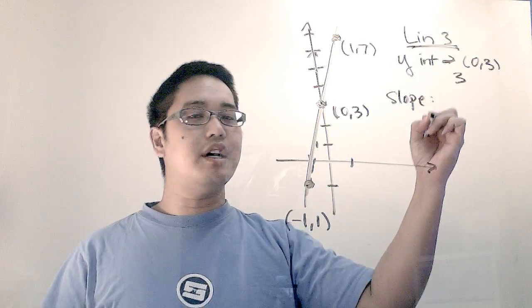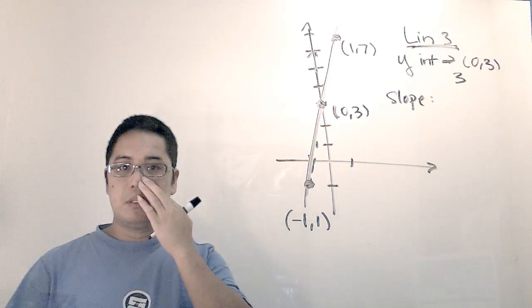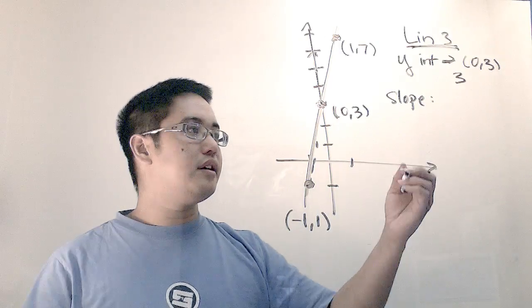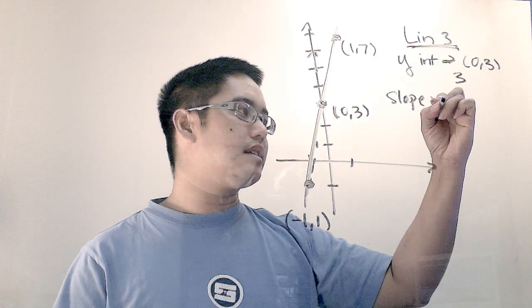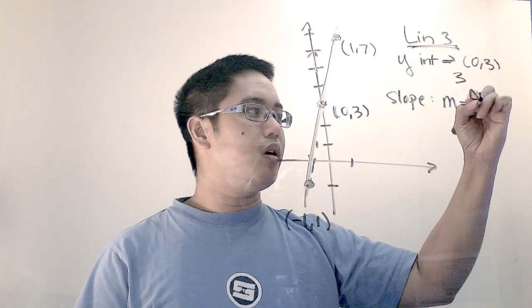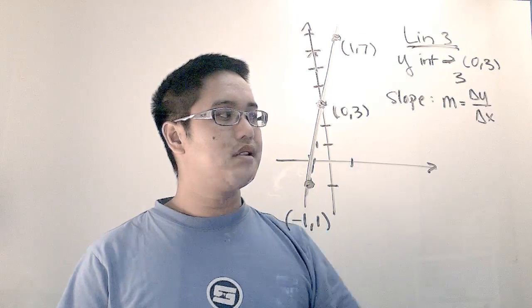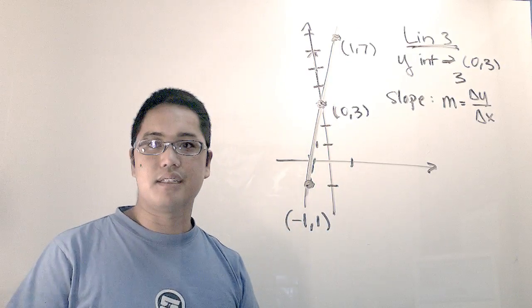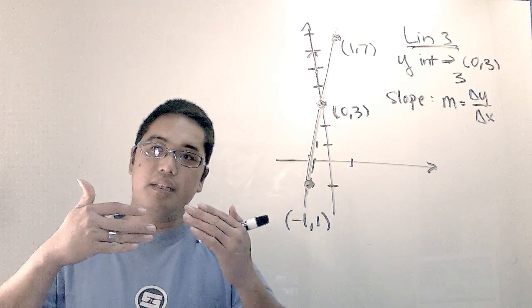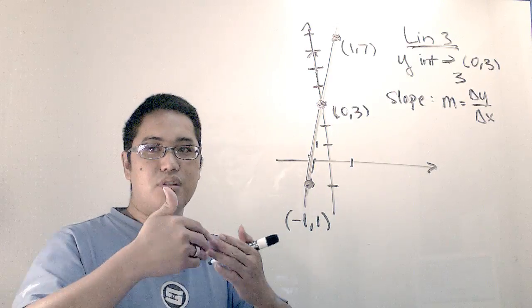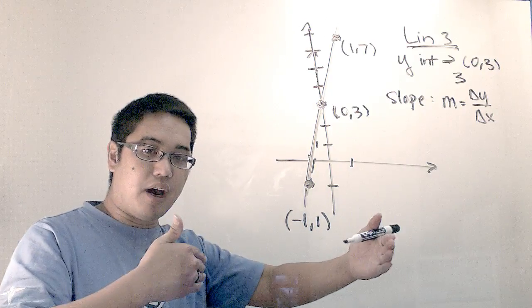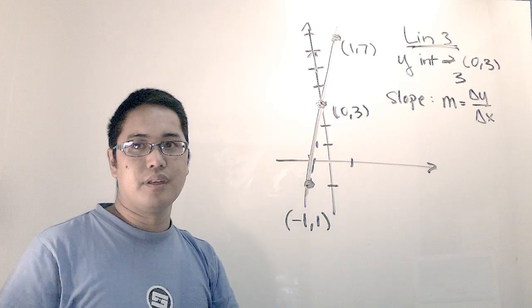There's an easy way to do it and a harder way to do it. The harder way, and it's not really that bad, is m equals delta y over delta x. The delta means the change in. You take the final spot minus the initial spot.